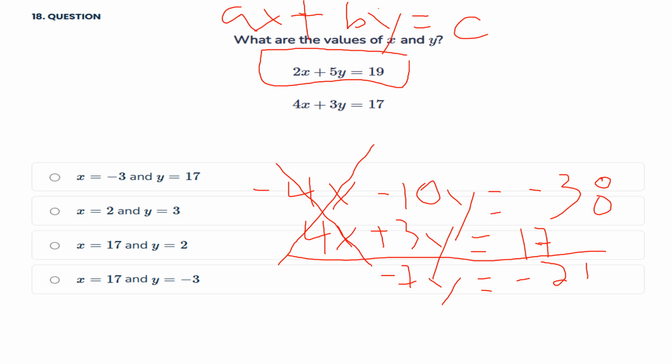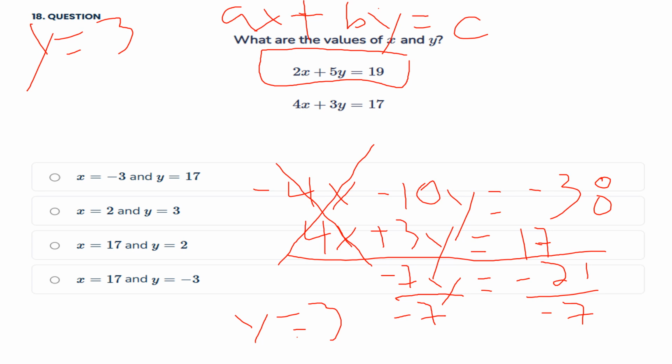We need to solve for y, and to do that, we divide each side by negative 7. Negative 21 divided by negative 7 is equal to a positive 3. So we know that y equals 3.